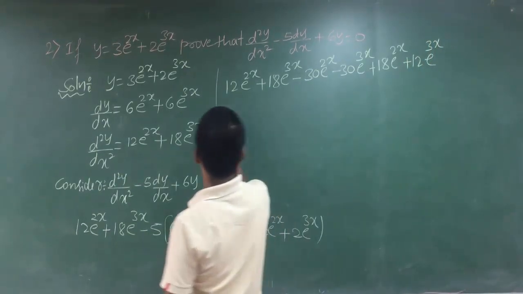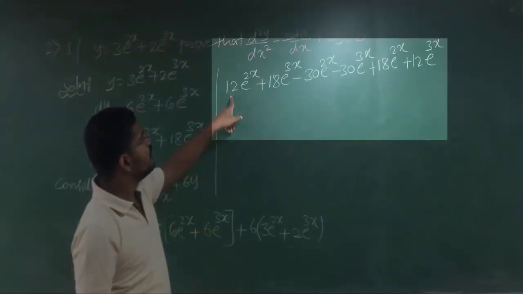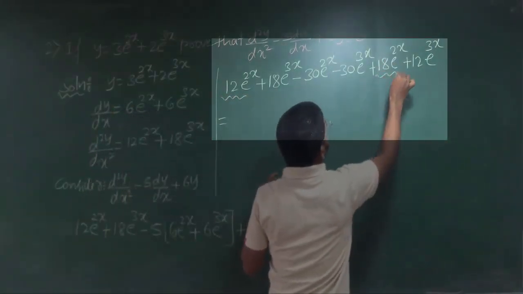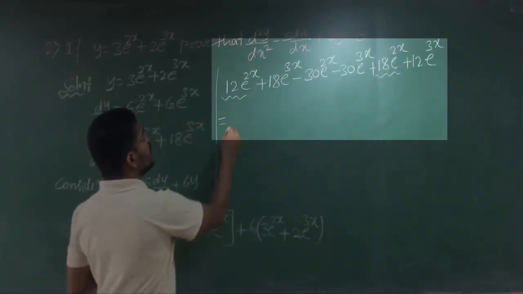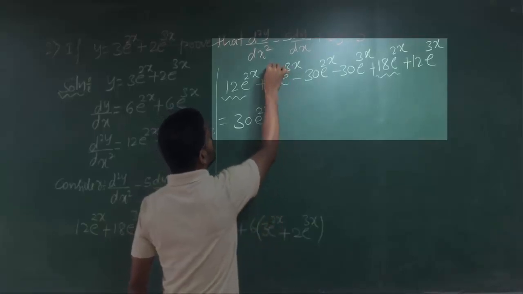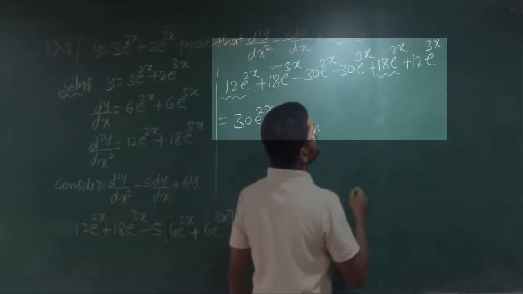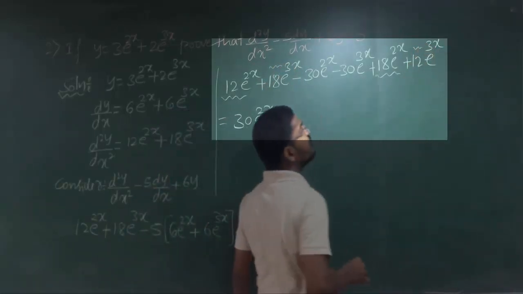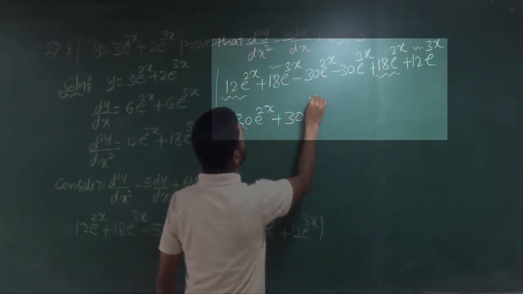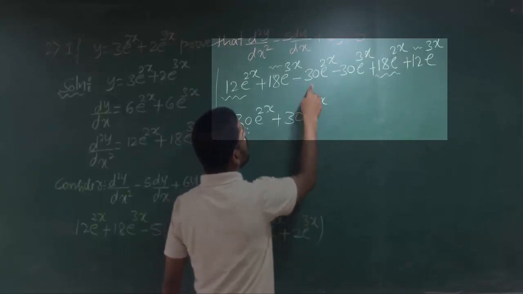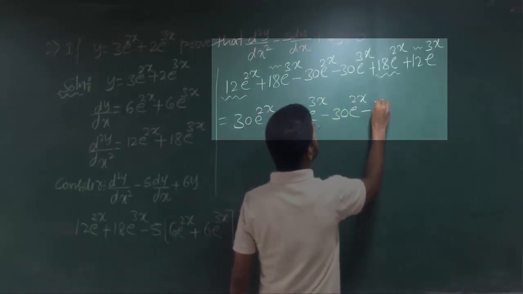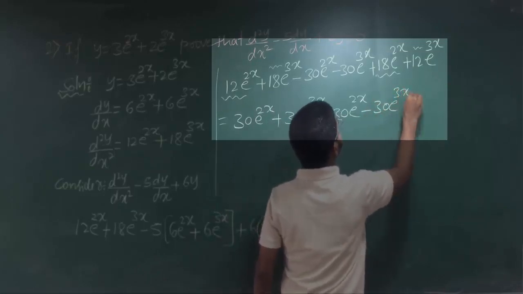So this is equal to 12 e to the power of 2x plus 18 e to the power of 2x, which will be 30 e to the power of 2x. 18 e to the power of 3x plus 12 e to the power of 3x will be plus 30 e to the power of 3x. Again here, minus 30 e to the power of 2x, minus 30 e to the power of 3x.